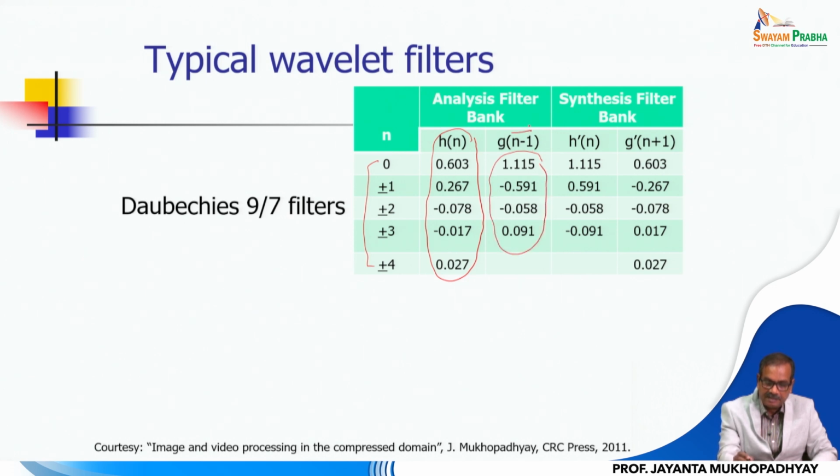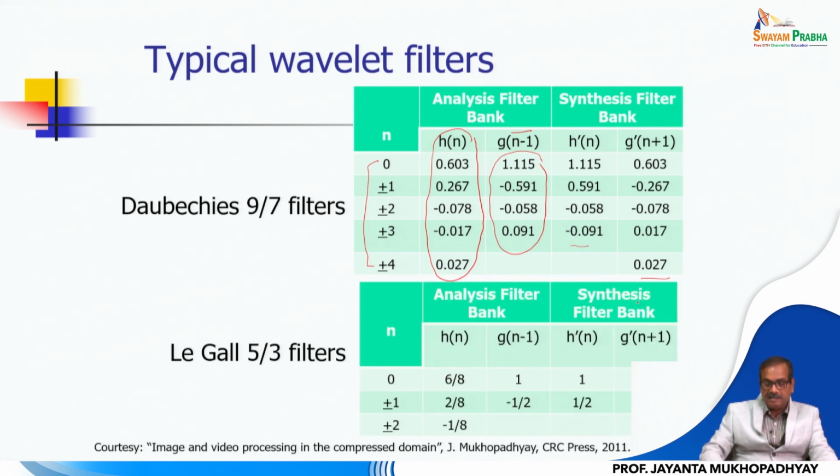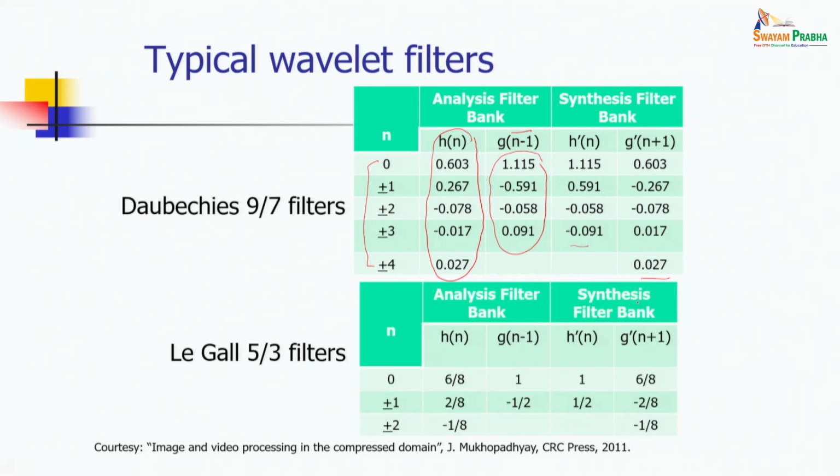You should note there is a shift which has been shown here, which has come from the analysis. And similarly in the synthesis part, the low pass filter is of length 7 and the high pass filter is of length 9. So if I use that, then I can use this one.